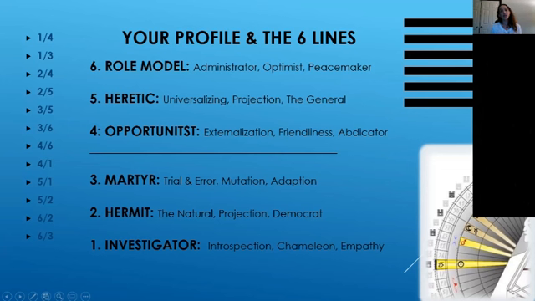The heretic, they say that it's called heretic because it's the person that's willing to go out and share ideas with others. They really start to take ideas, and it's called universalizing, where they're taking it out and sharing it and moving it. Because they're willing to get up on a soapbox or actually share some things that maybe are new ideas or new ways of being, or to guide people in some way.